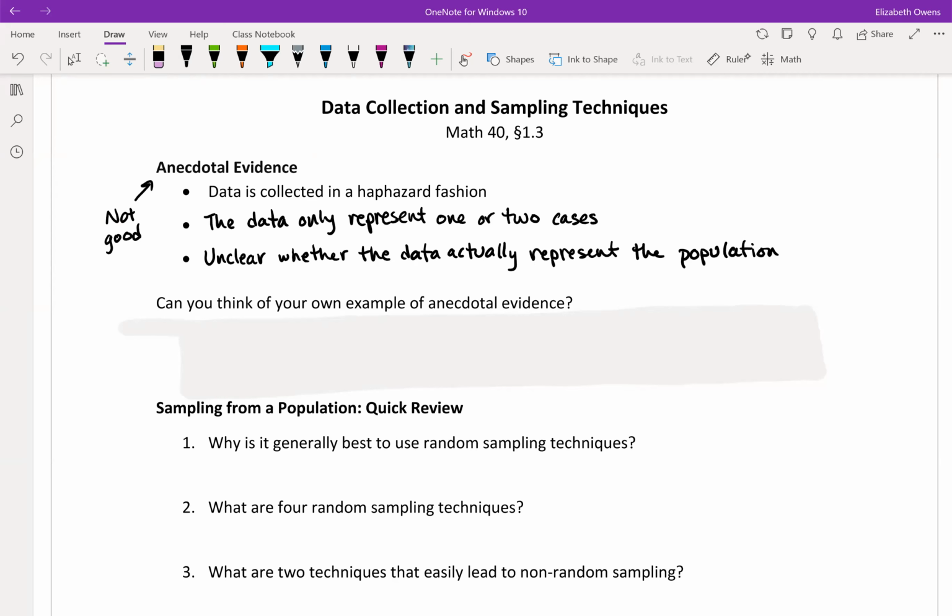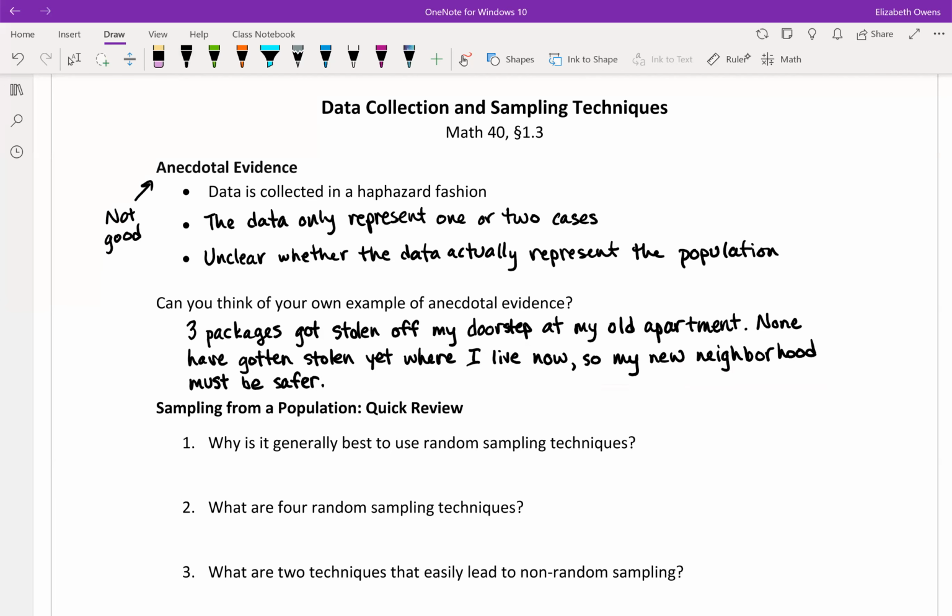Okay, so here's my example of anecdotal evidence. So 3 packages got stolen off my doorstep at my old apartment. That is true. None have gotten stolen yet where I live now, so my new neighborhood must be safer. So this may be the case. Maybe my new neighborhood is actually safer, but this is not enough evidence to come to that conclusion.